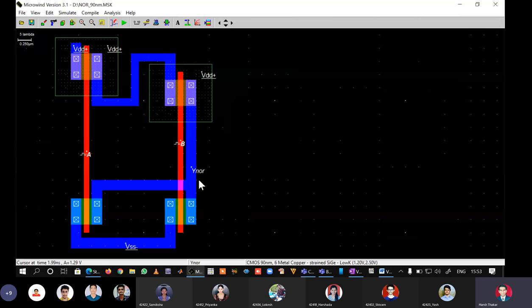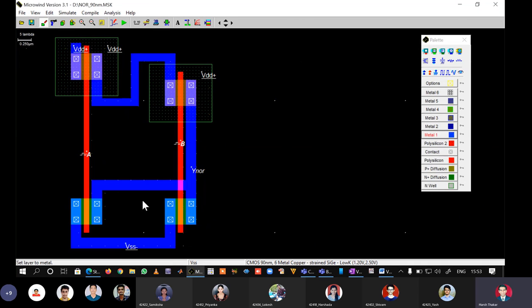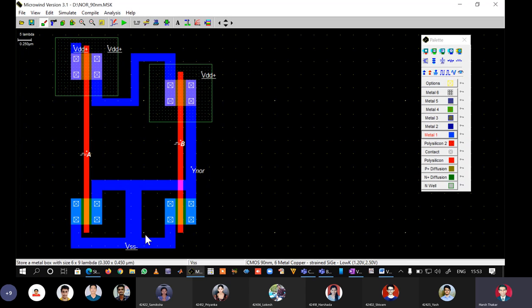Now I am taking output Y NOR at the intersection of drain of P2 and the intersection of drain of N1 and N2. Now for example, on the silicon wafer, if I have a metal blob, which is metal 1 layer. If accidentally a metal blob falls in this particular area on the wafer and it spreads like this, and like this also, the output node YNOR now gets connected to VSS. This is called a metal blob contamination.